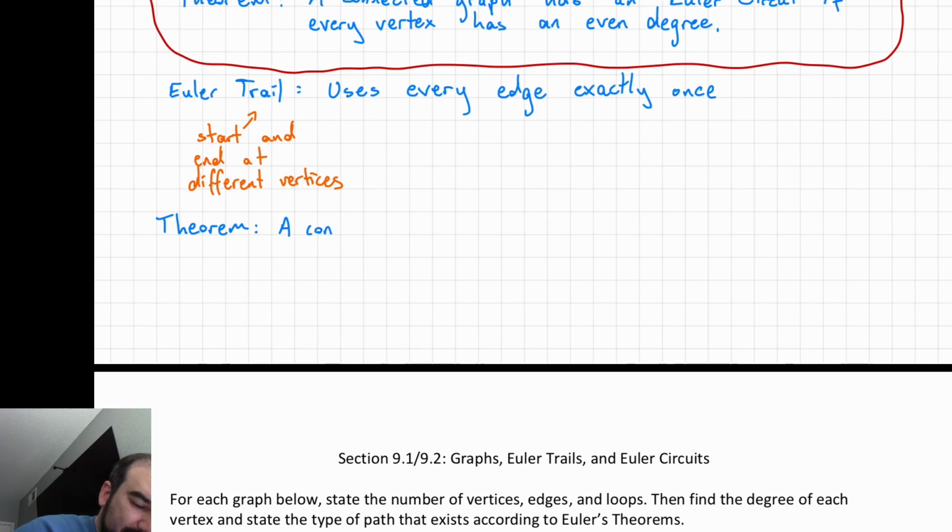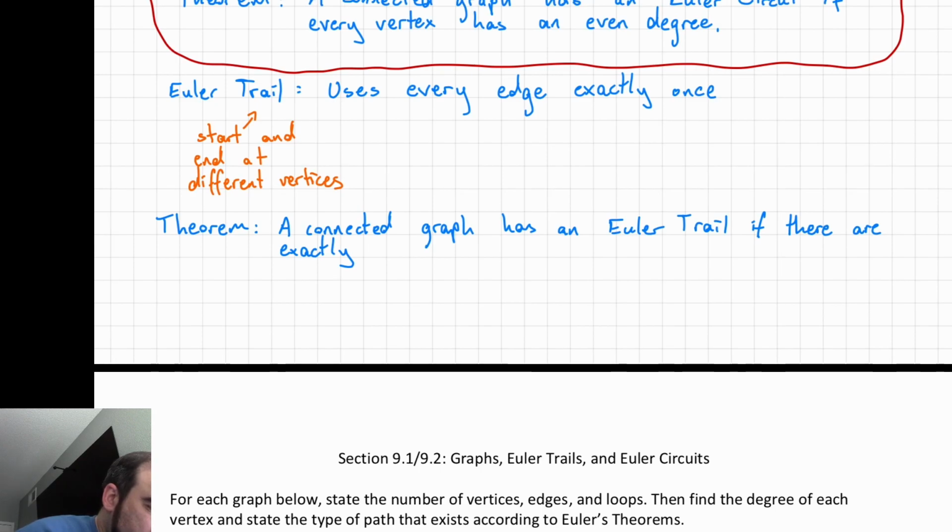A connected graph has an Euler trail if there are exactly two vertices with odd degree.